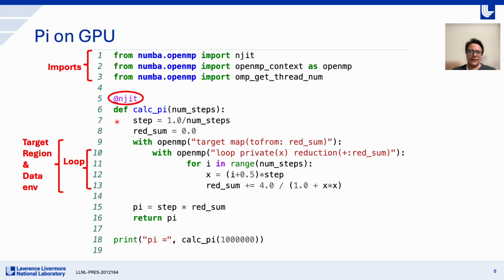The outer one creates the offloaded target region for the GPU, and the nested one uses the loop directive, which translates to an equivalent teams distribute parallel for construct for executing the following loop by distributing iterations across teams and threads on the device and using a reduction to accumulate partial sums.